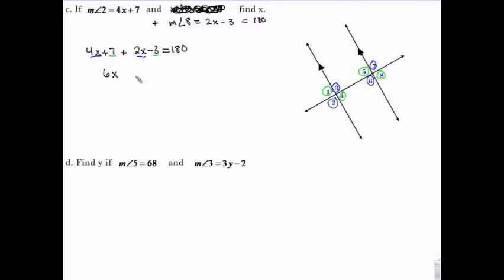Probably shouldn't have used blue and green there, but it's too late now. Subtract 4. Divide by 6, and I have no idea if this will work, but we're going to do it anyway.